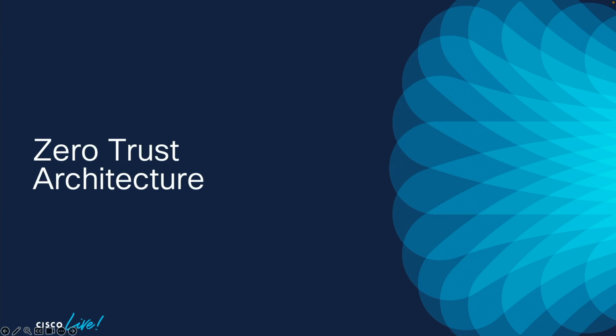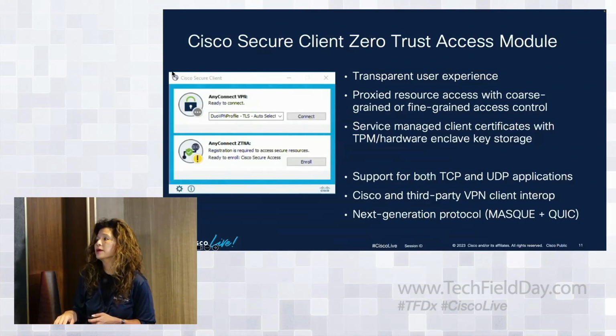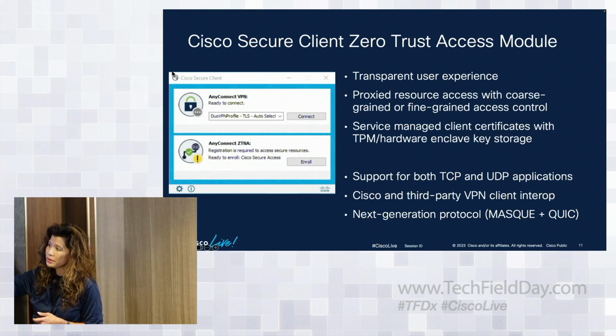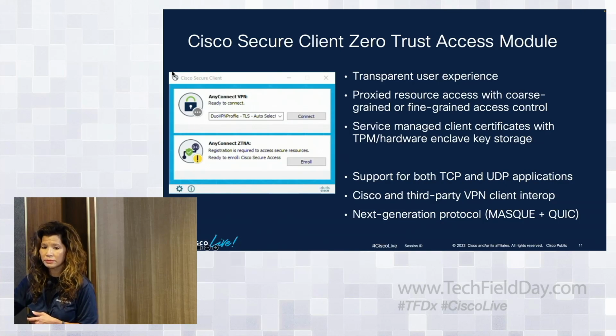Okay, so diving into our architecture, I'm going to start first on our client side. This is our secure client. As I mentioned before, it has multiple modules, and this is the intelligence it has to auto-detect what to do in what situation.